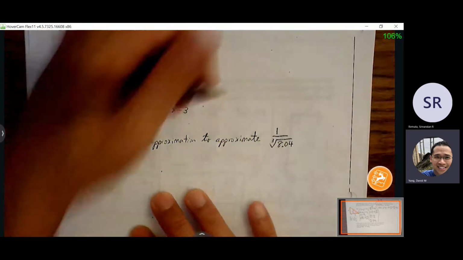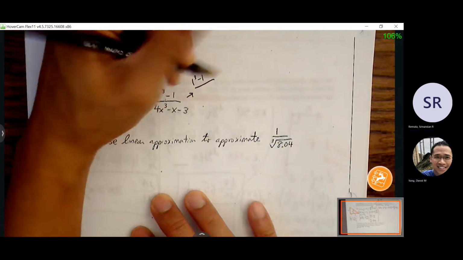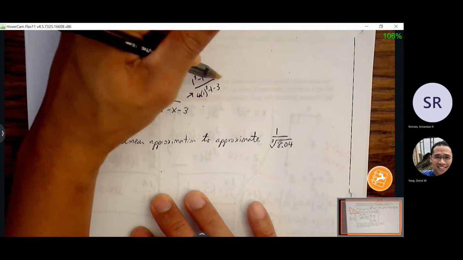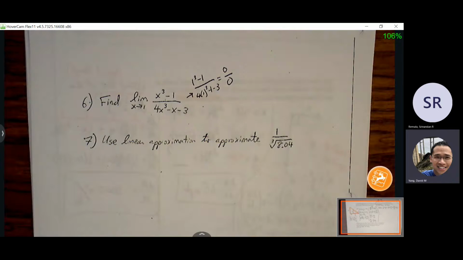Okay, so 1 in for x. Okay, you guys get 0/0. So now 0/0, there's a hole. There's a need for us to do more work on it.